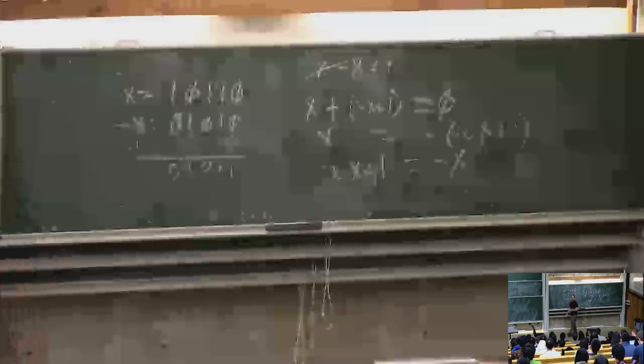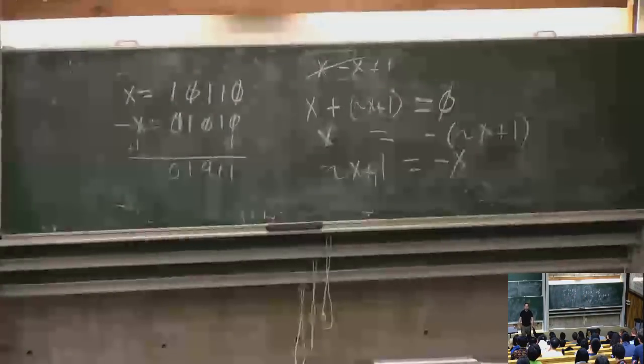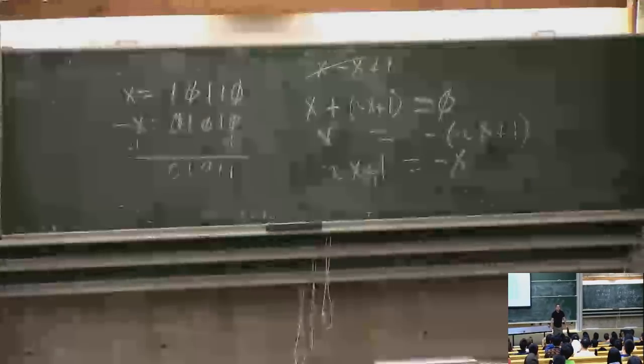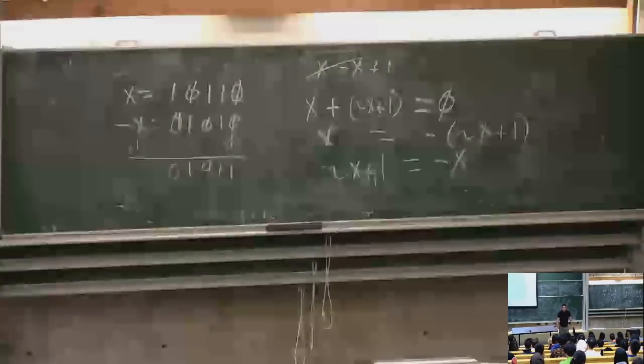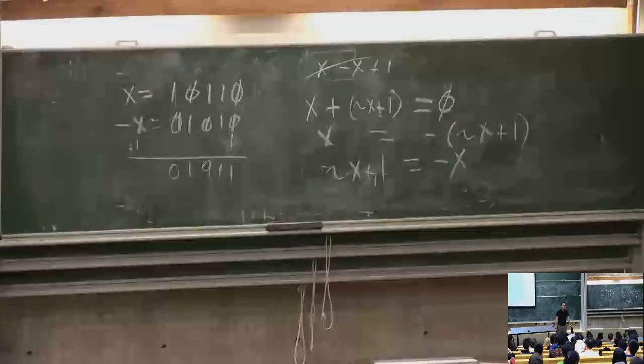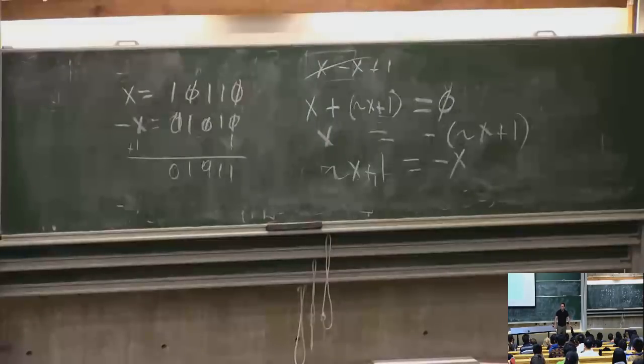So this is what we call complement arithmetic. In complement arithmetic, we represent non-negative numbers as we always did before. We represent negative numbers by complementing and adding 1. Why? That makes them the additive inverse. Does that make sense?